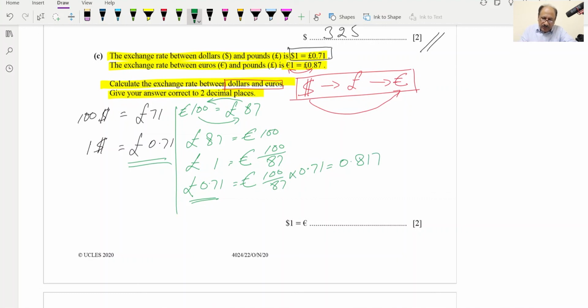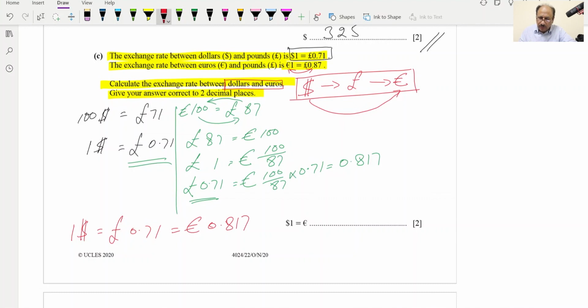Now we can write in one go, $1 is equal to 0.71 pounds, which is equal to how many euros?